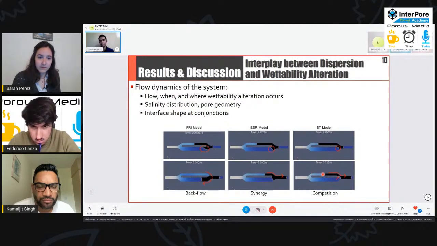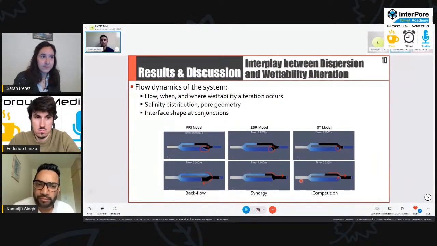The capillary forces in the smaller channel and the viscous forces in the larger channel compete, and tend to break apart this oil ganglia into smaller oil blobs, which is very detrimental for the ultimate recovery, and you have to avoid this.